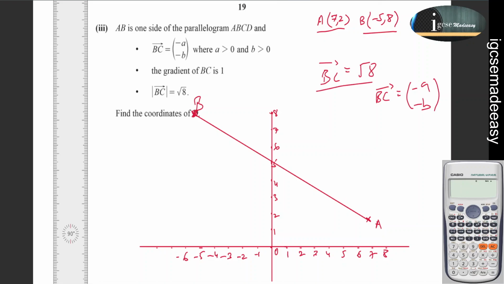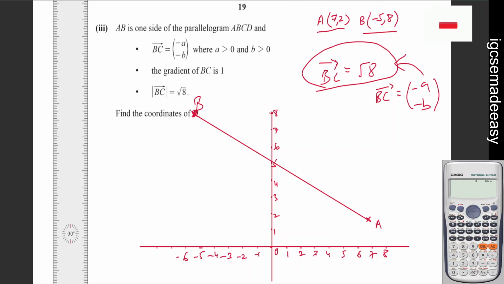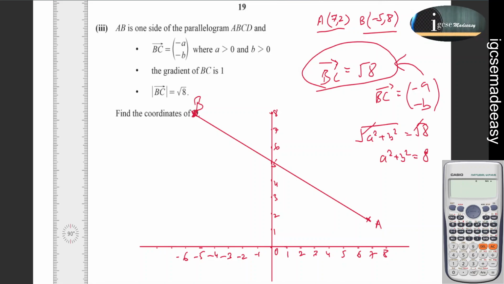You should know that this BC vector is derived from this one only, right? So root of 8 we have to get from this one. So BC is root of 8, so we can write it as a square plus b square equals root of 8. If we cancel it out, the root and root get cancelled, so a square plus b square equals 8. You should be able to find out the values of a and b.